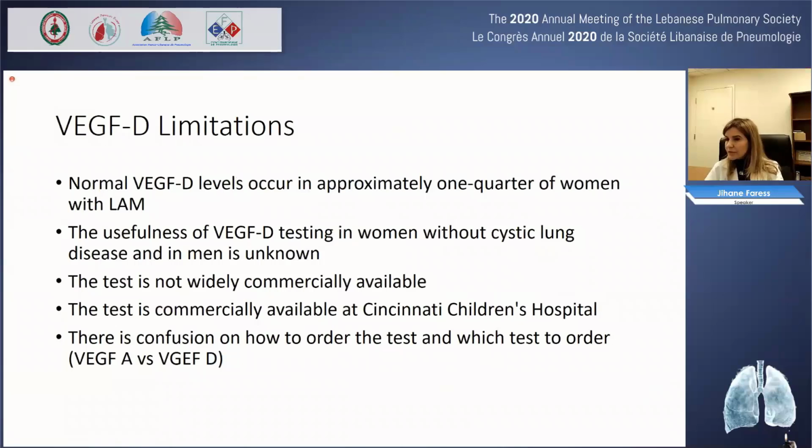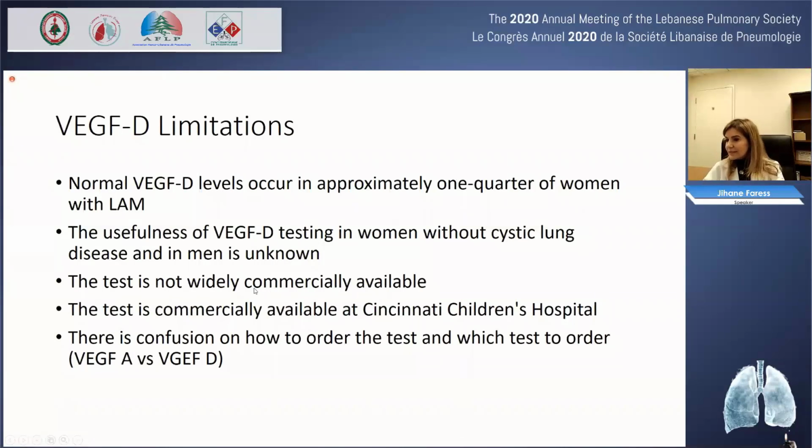There are some limitations with VEGF-D because although it doesn't have a false positive rate, there is a false negative rate. About 25% to 30% of patients with otherwise confirmed LAM would have a normal VEGF-D level. The usefulness of VEGF-D in women without cysts is unknown.